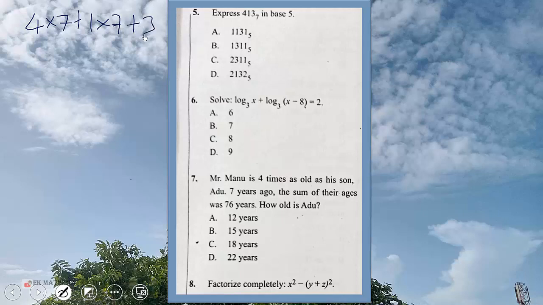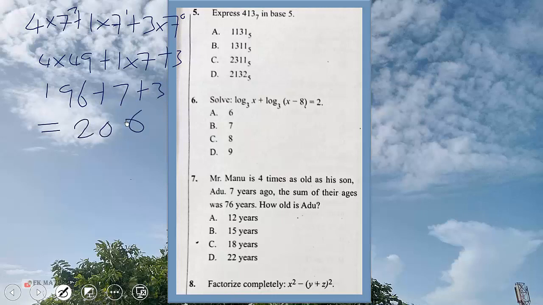So we give you 4 times 49 plus 1 times 7 plus 3. And this will give us 196 plus 7 plus 3, which is equal to 206.